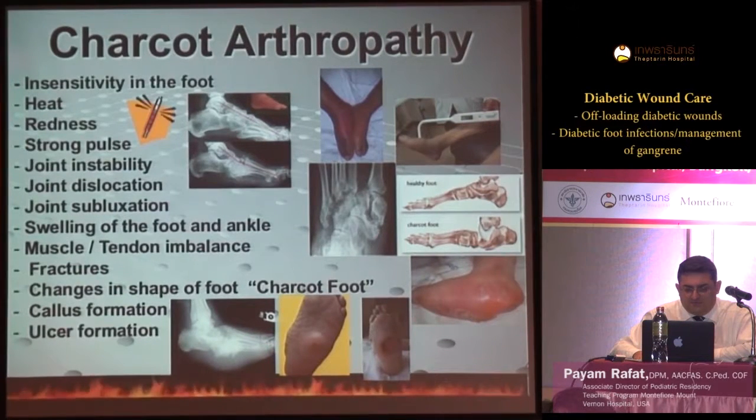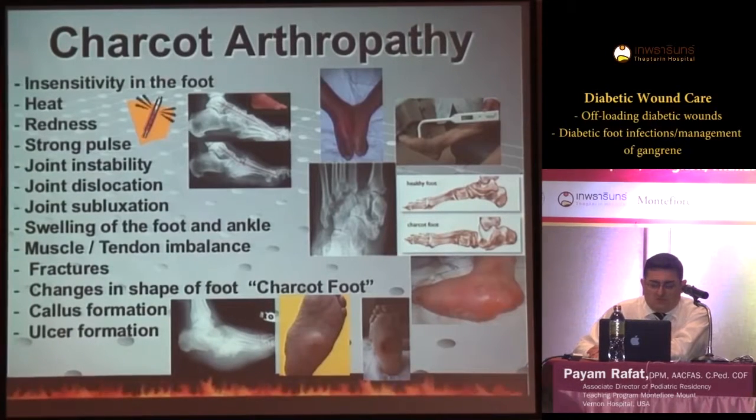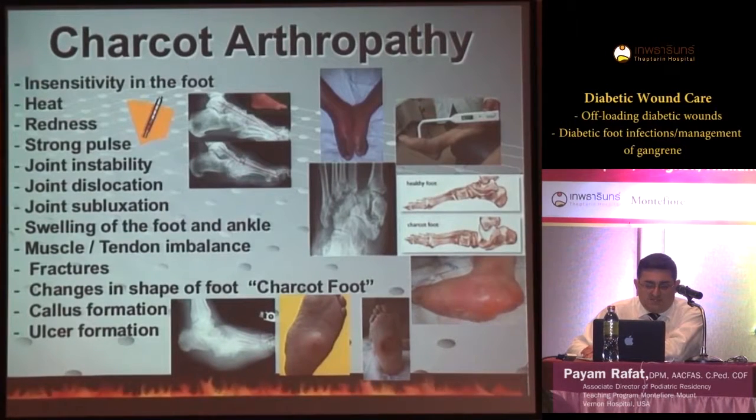You have a red, hot, swollen foot. Sometimes they may have bounding, strong pulses. They may develop joint instability, joint dislocation, subluxation, swelling, muscle tendon imbalance, fracture, dislocations, and then they may have callus leading to ulceration.